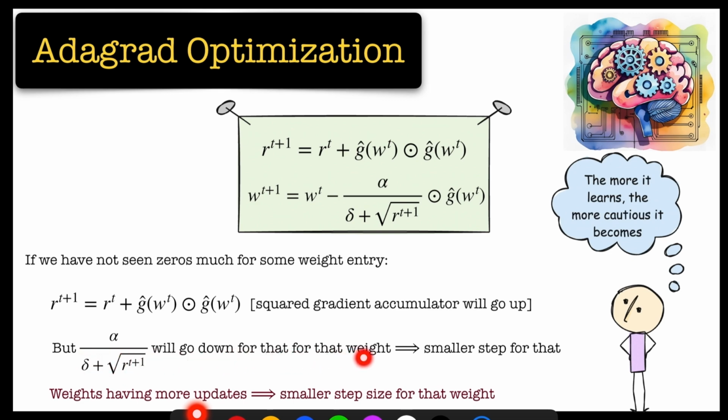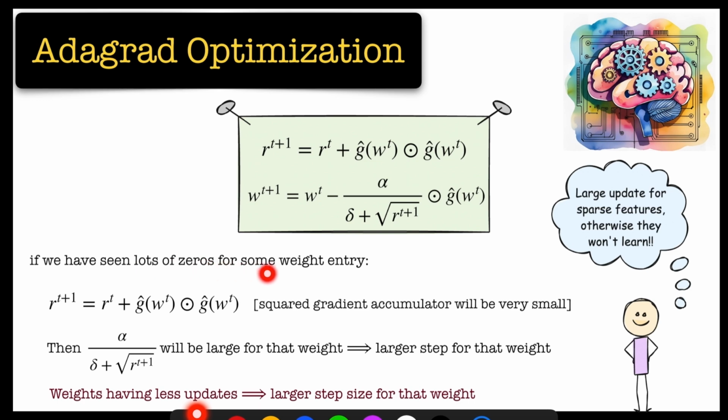So this will go down for that weight. So we'll take a smaller step for that. So weights having more updates, non-sparse features basically, will take a smaller step size. So that's like, the more it learns, the more cautious it becomes.